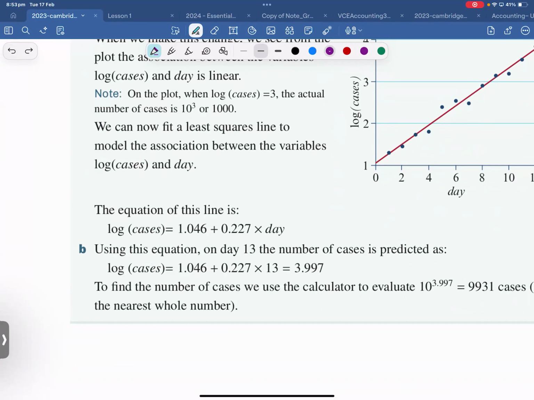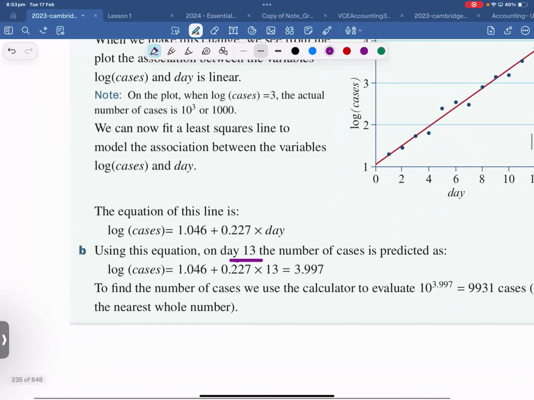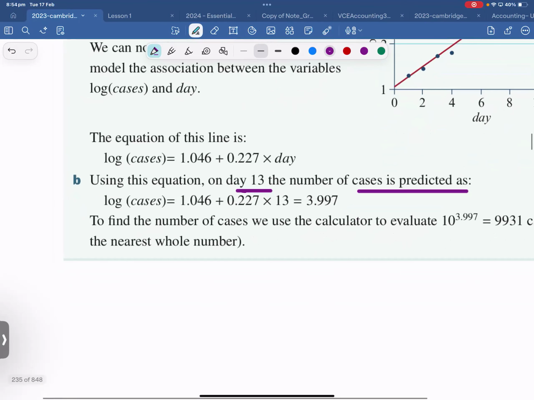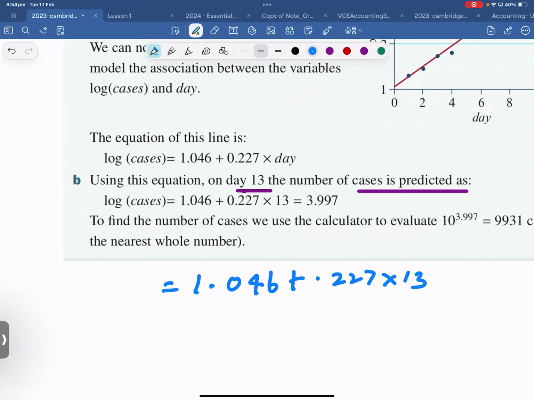using the equation on day 13, the number of cases is predicted as what? So we will get 1.046 plus 0.227 times by 13, right?